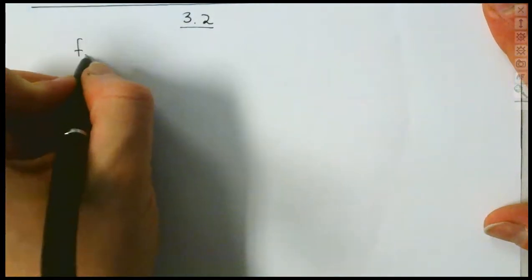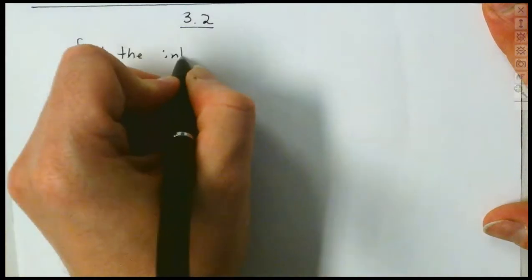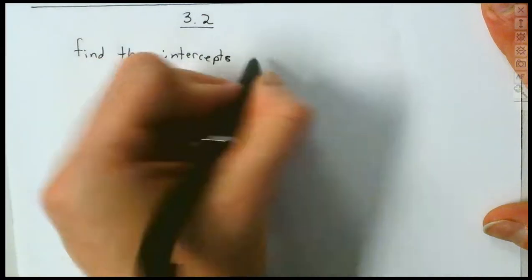Okay, so now we're going to go ahead and finish 3.2. And what I want you to do for this question is find the intercepts and graph.